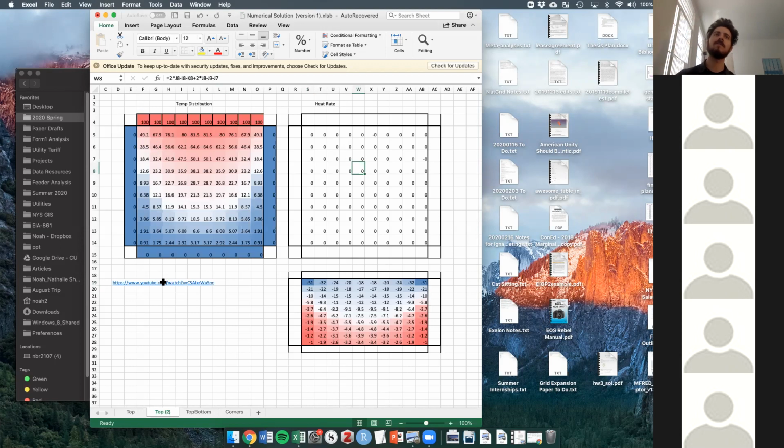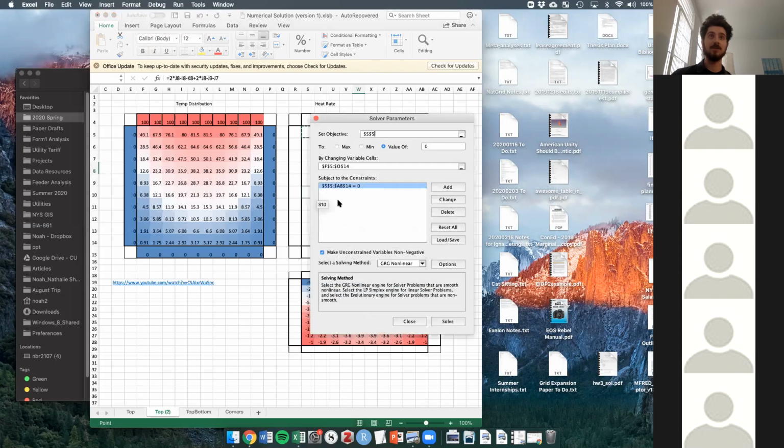I canceled all of that out to make it as simple as possible. But if you kept track of them and included them, then you could put in a heat rate in watts and make your solver fit that. So you can either have a constraint saying, instead of equal to 0, something's equal to something non-zero.